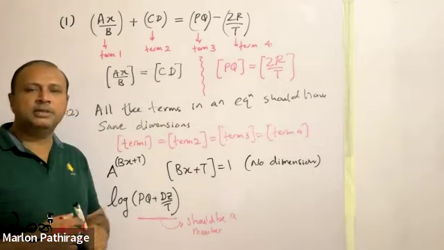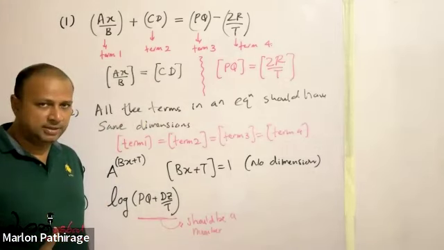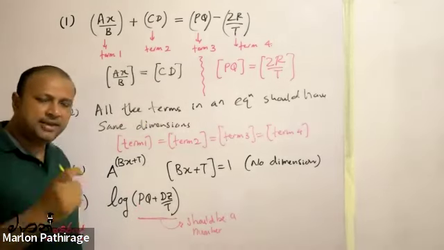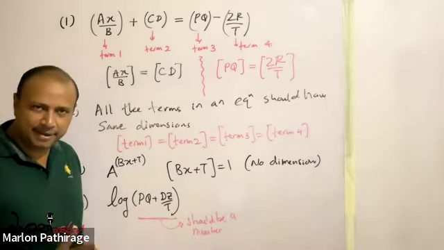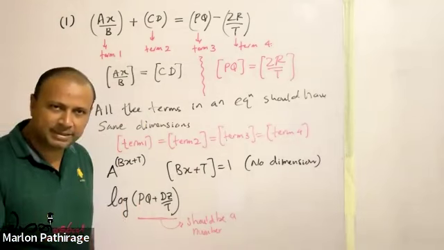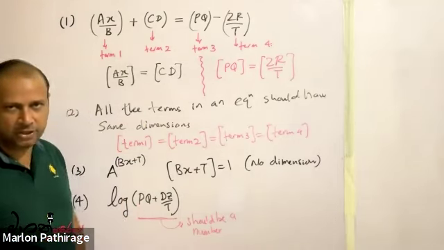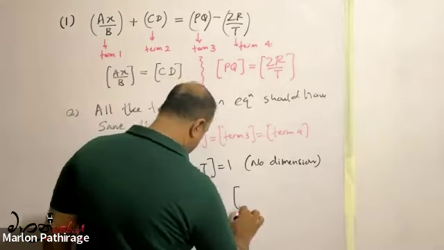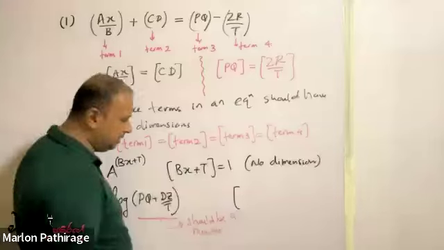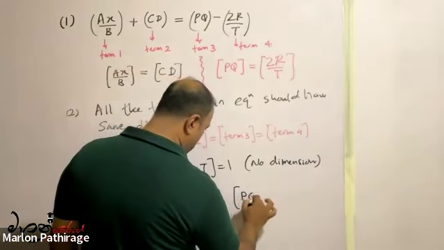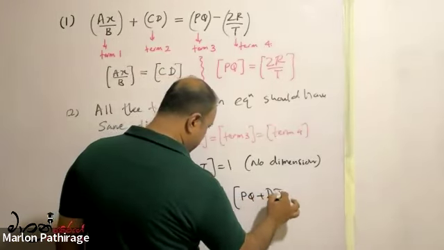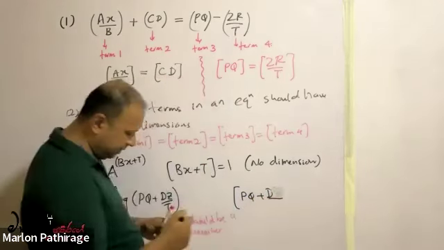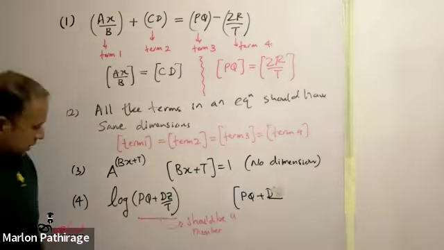Therefore, if you consider the logarithm function, the expression inside a logarithm function is a number. Therefore, it has no dimension. So we can say the dimension of pq plus z over t is 1.